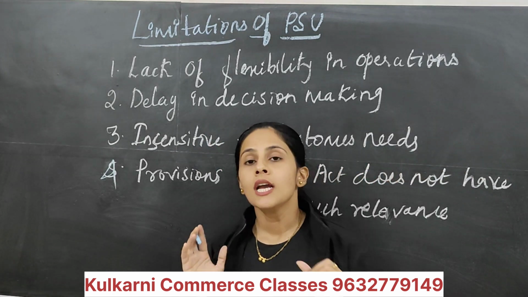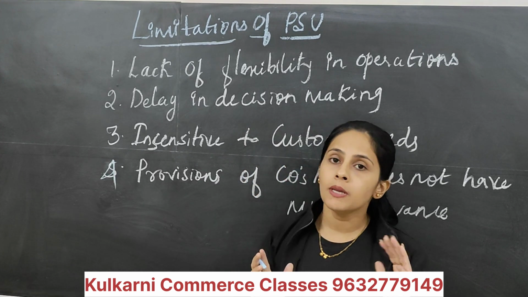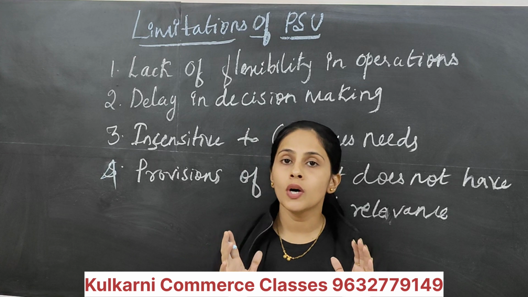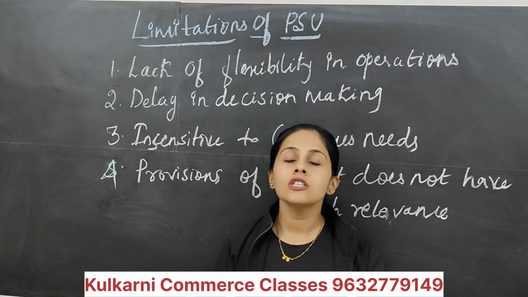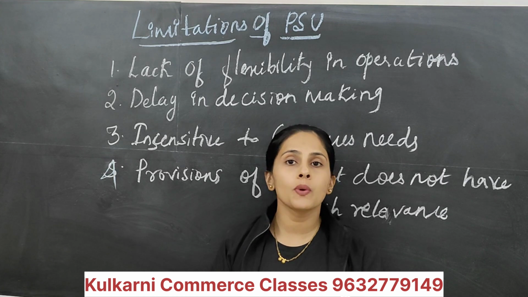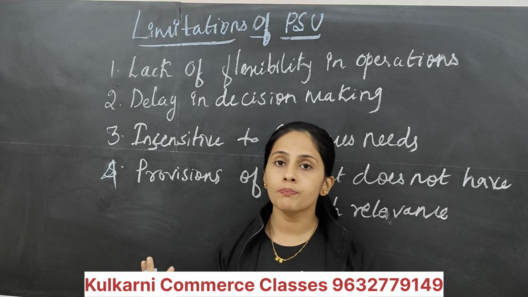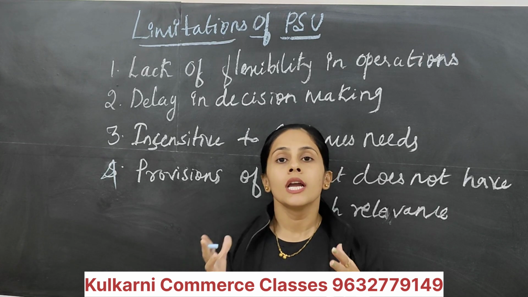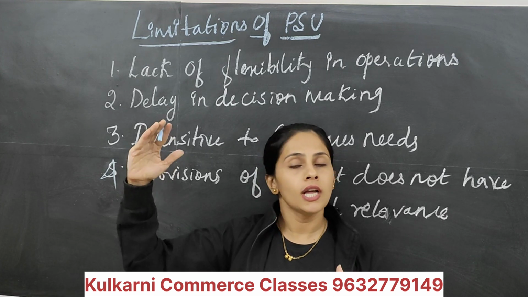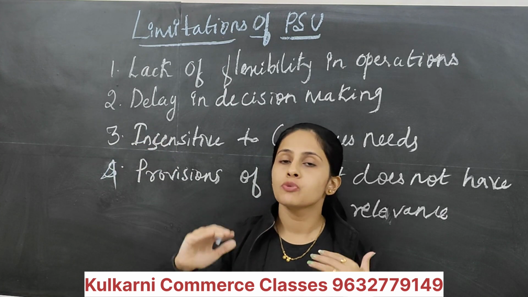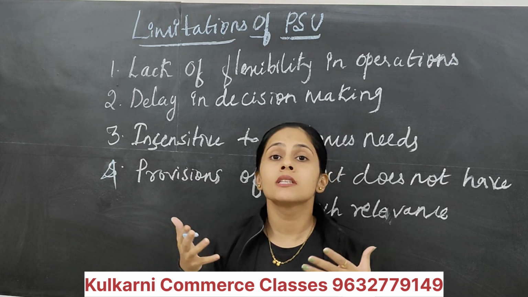Then the next point is delay in decision making. My dear students, in case of private companies, the people sitting in the top positions, like the board of directors and CEOs, can take decisions quickly with proper discussion. But in case of public companies, each and every decision should pass through the hierarchy: low level management, middle level management, then top level management, as well as the ministries.